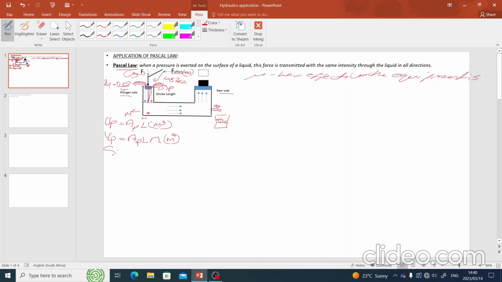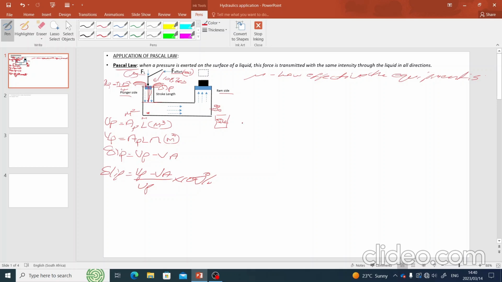In calculating the slip, it will be slip equals volume plunger minus the actual volume. This will be given. Now, if they want you to calculate the slip percentage, it will be V plunger minus actual volume, divided by V plunger, multiplied by 100%.